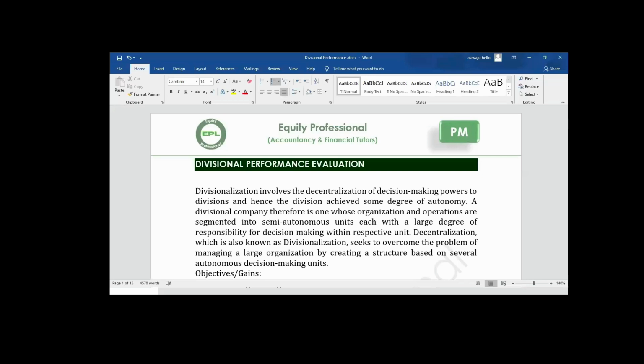So the various divisions are such that each division achieves some level of independence and autonomy.